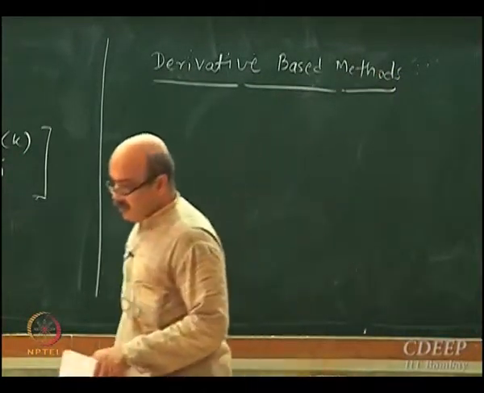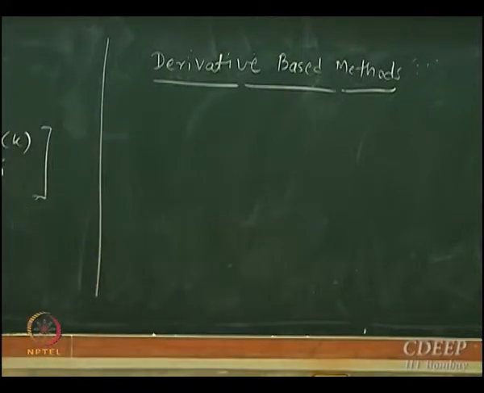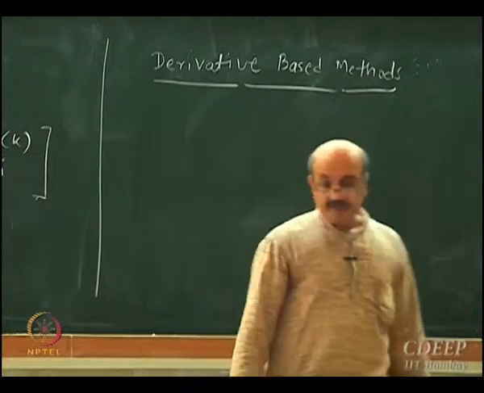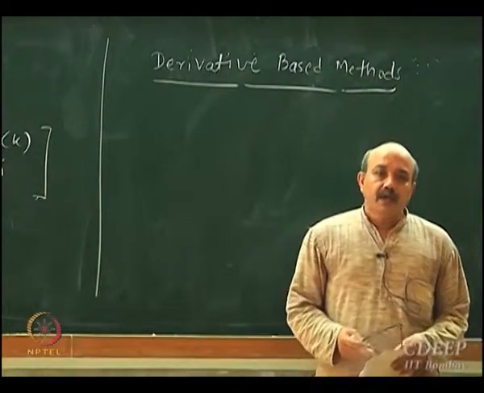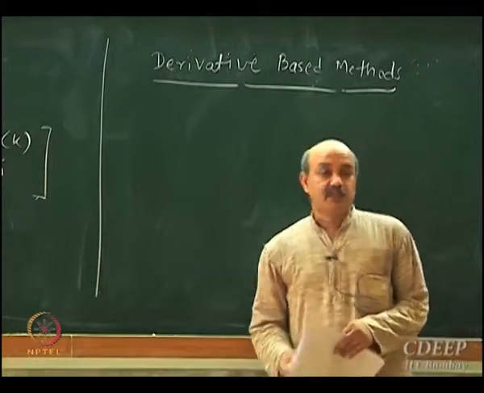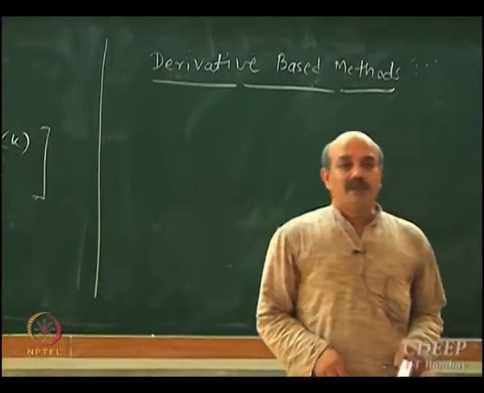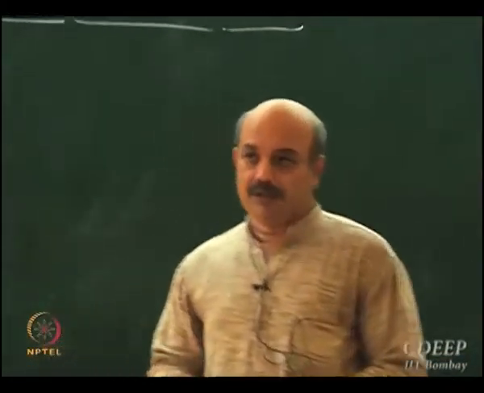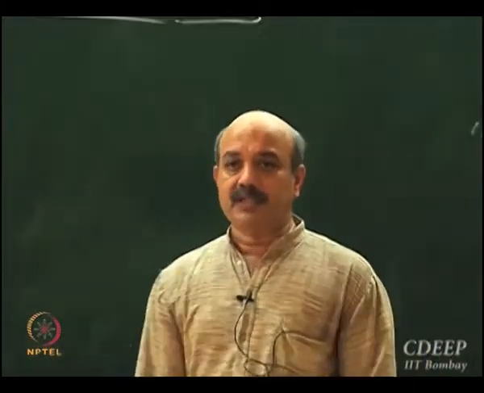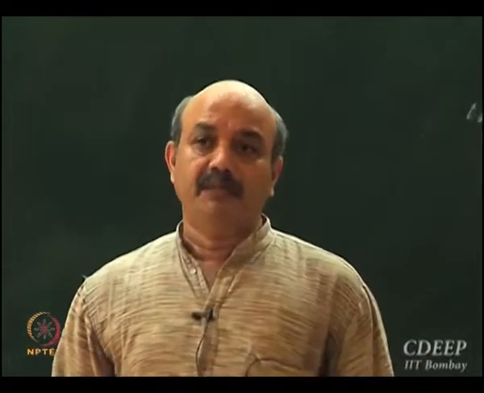In the class of derivative based methods, we have already looked at Newton's method. Now I am going to revisit Newton's method for the univariate case. Why I am looking at this will become clear soon, because I want to talk about this intermediate method called the Wettstein method.